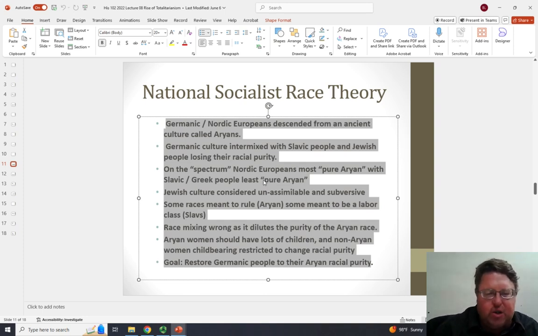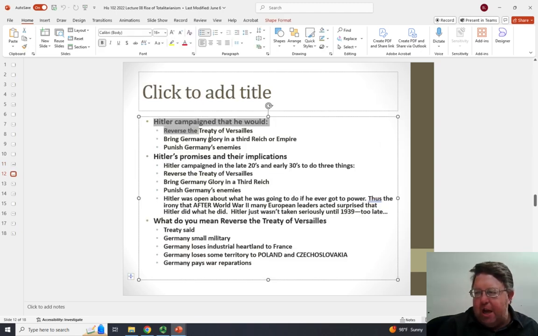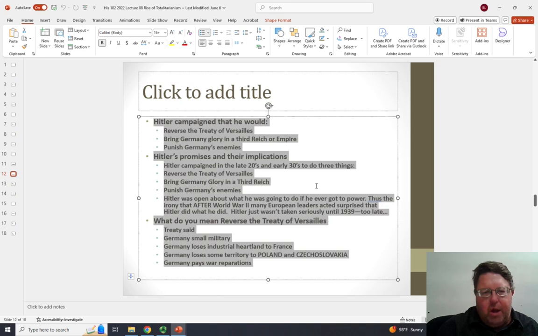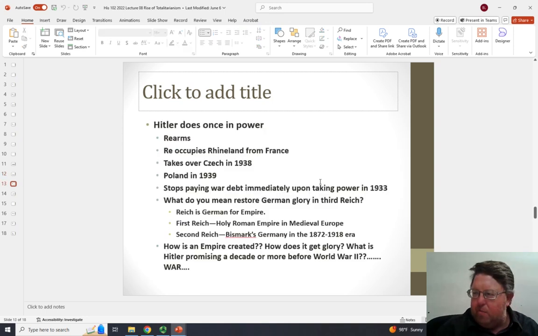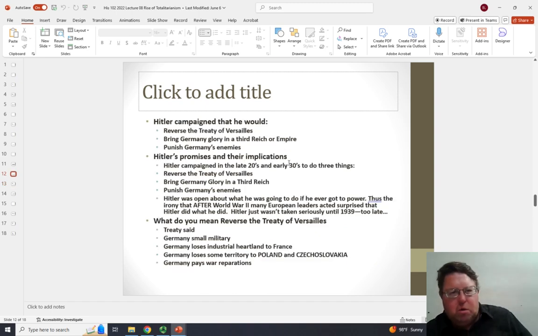And so you tell race theory, how that gets into it. And then this is the big slide on, what are National Socialists campaigning on in the late 1920s and the early 1930s that is attractive. Okay. And so you want to focus on that as well.